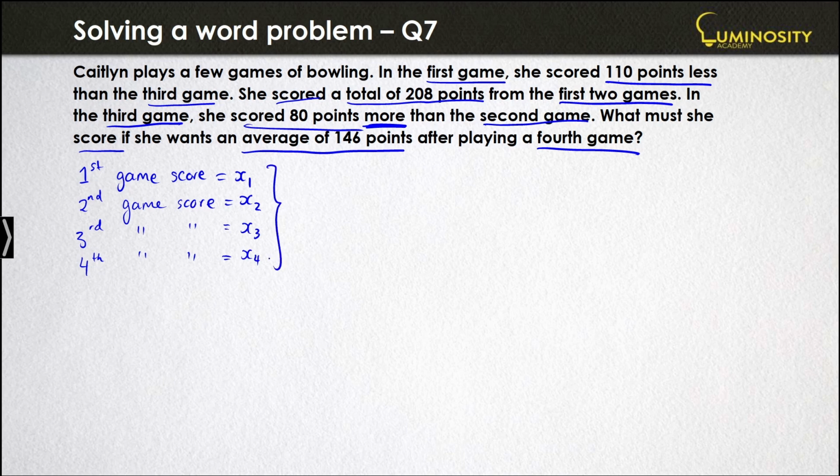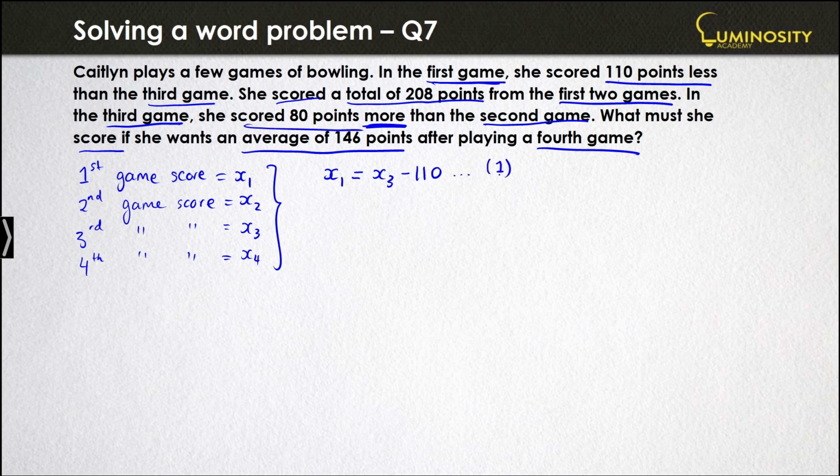So let's break up the information we were given to create a system of equations. In the first game, she scored 110 points less than the third game. So the first game score is x1. That is equal to the third game score, but minus 110 points from that, because she scored 110 points less than the third game. This is equation 1.